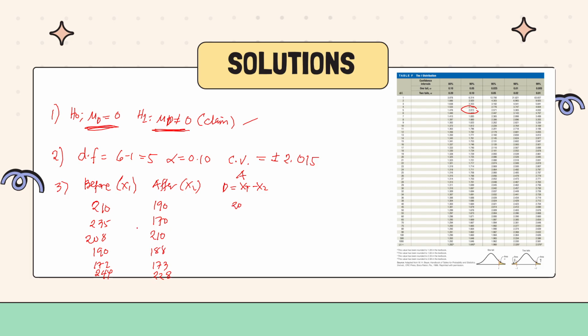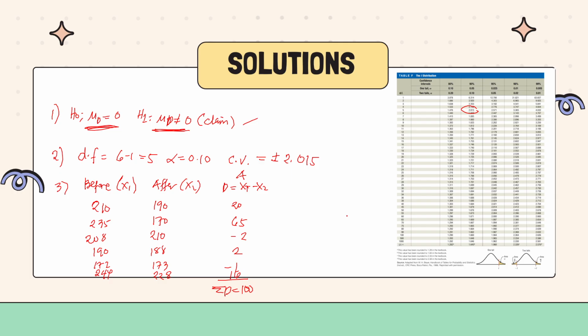Then 235 minus 170 is 65. This is negative 2. This is 2. This is negative 1 and 16. Then after that, we take the sum. The summation of D is equal to 100.